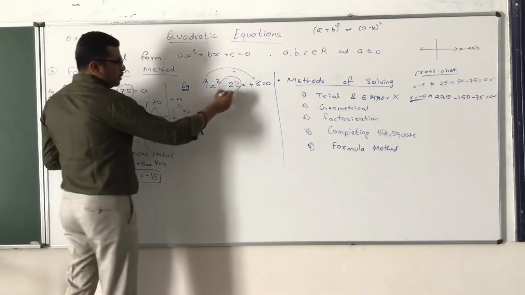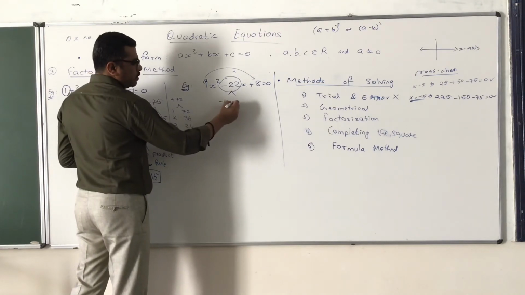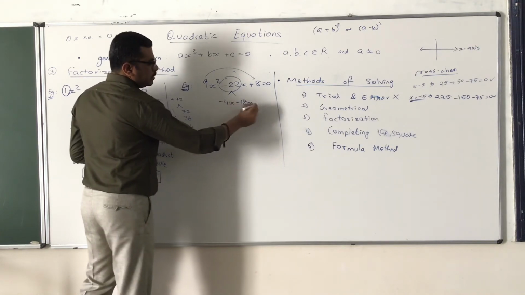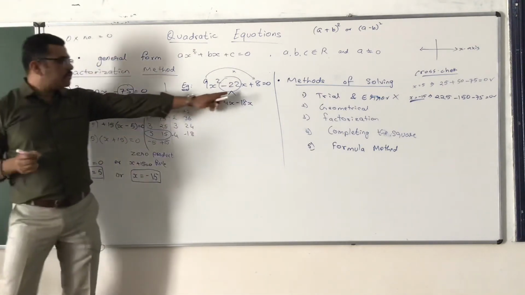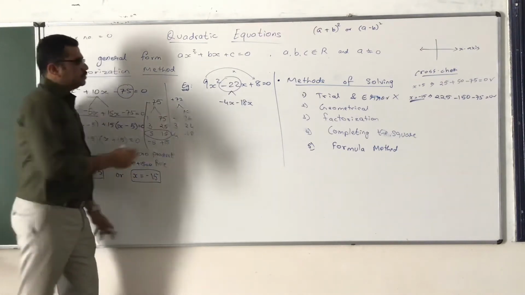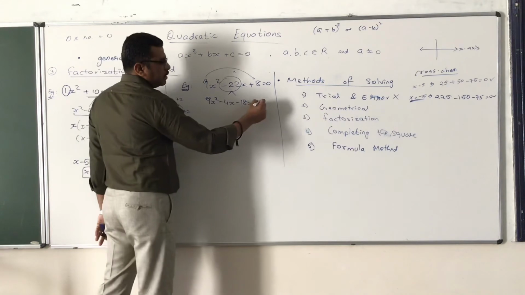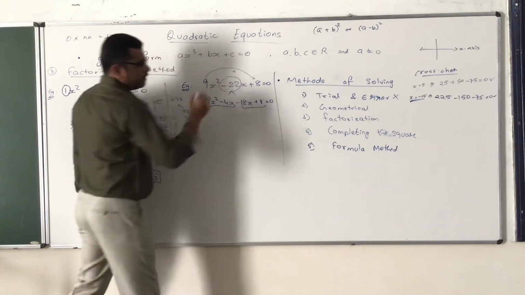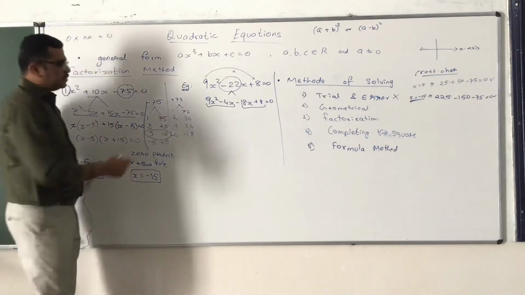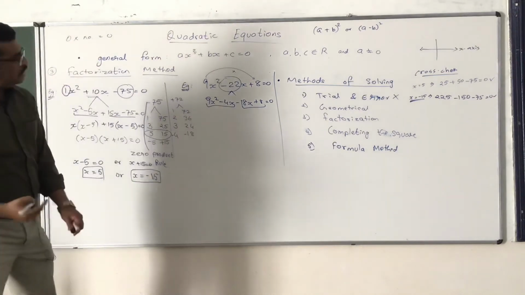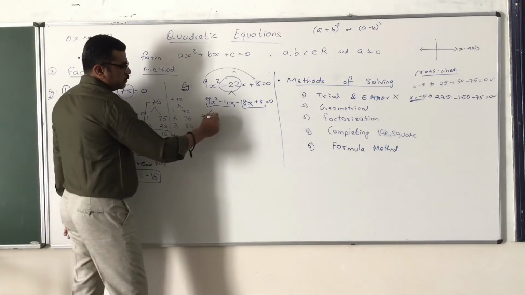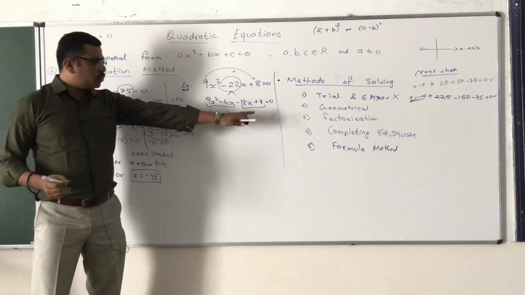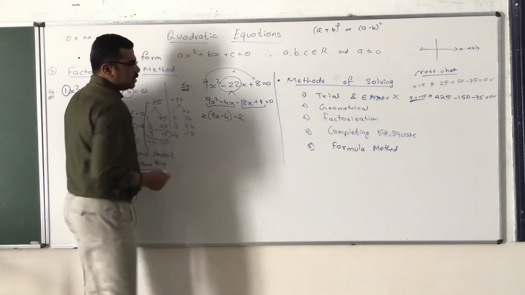So we just split the middle term, the coefficient with x, into negative 4x and negative 18x, and the first term and the last term remain the same. And then we regroup and take out the common factors. From the first one we can see x is common, so x times 9x minus 4, and from the other two, both are even numbers, and we can take 2 common.